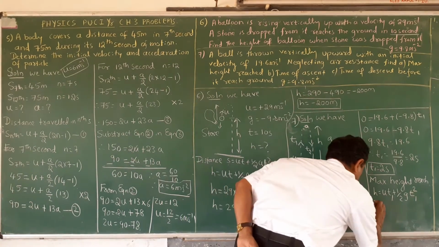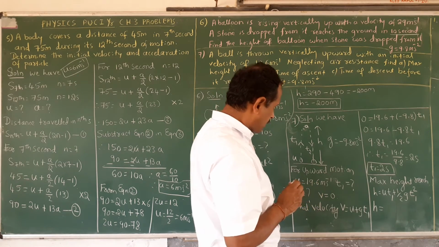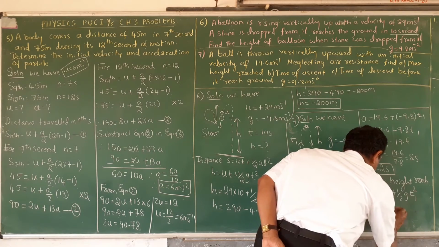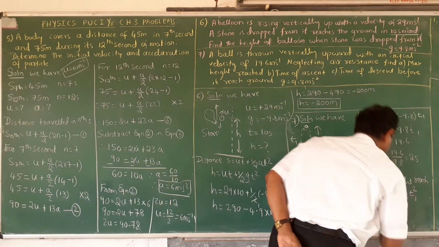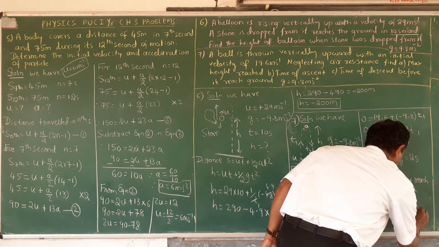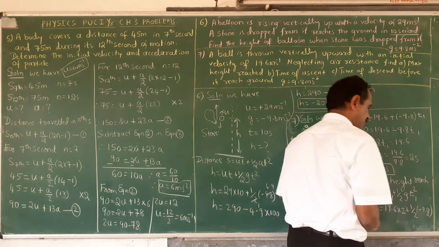Here h is equal to u, how much? 19.6 into T1 is 2, plus 1 by 2 minus 9.8 into 2 square.